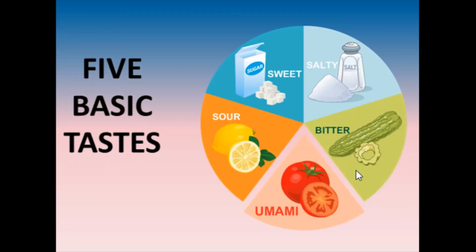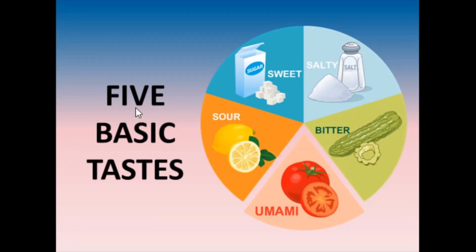Now, as I have said, let's go to the 5 basic tastes. We are able to taste different kinds of food. That is because of our tongue, as I have said. And our tongue has taste buds that allow us to taste these different tastes.